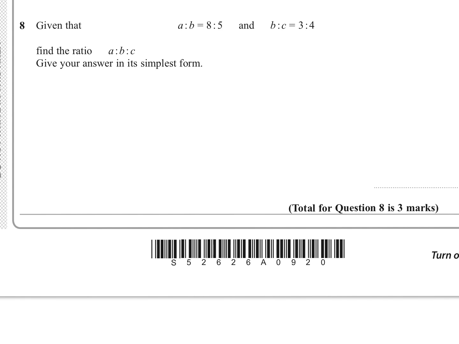Question 8. Given that A to B is the ratio 8 to 5 and that B to C is 3 to 4, I've written that out for this reason because if we look at B here, then we can write the ratios underneath each other.